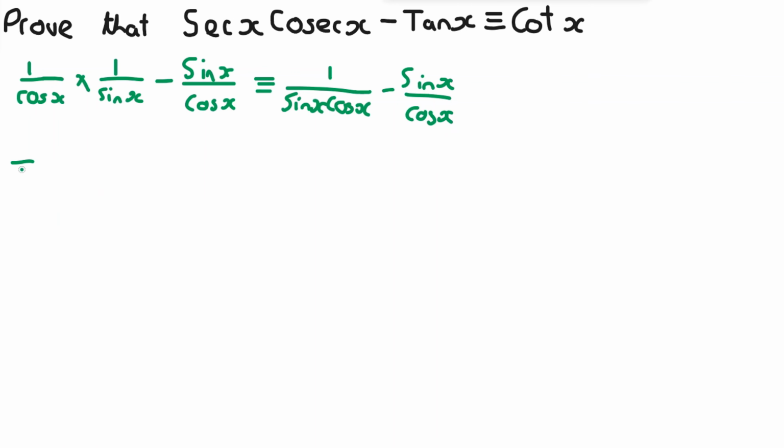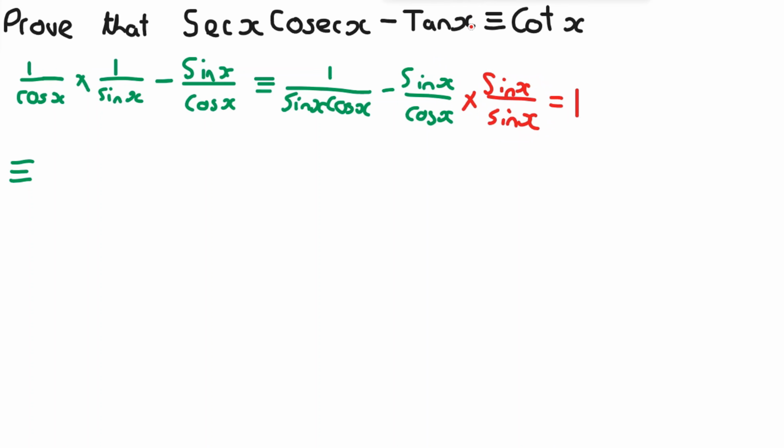And then what we're going to do, remember the second tip, is that if you have two fractions, you should always combine them into one fraction by making the denominators the same and then adding the numerators. And what we can do is this sin x over cos of x, we can times this by sin x over sin x. Remember, sin x over sin x cancels down to 1, so all we're doing is timesing it by 1, so we haven't changed the value of the fraction.